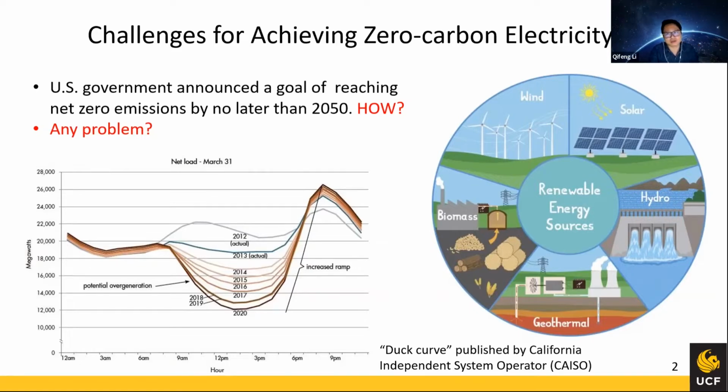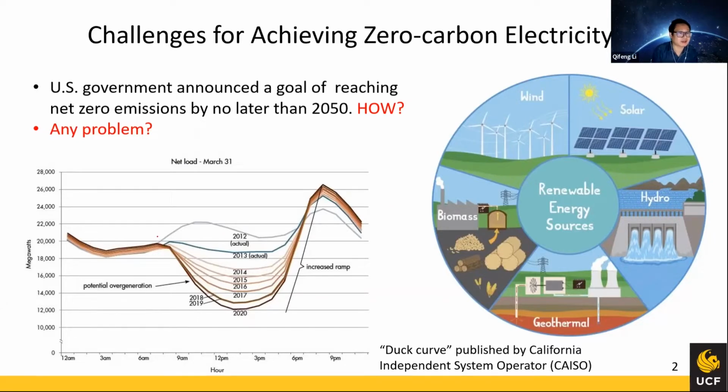But even if the price is not high at this moment, there are still quite a lot of problems in utilizing so-called green or sustainable energy. I'm going to use this famous duck curve produced by the California Independent System Operator to explain what problems come with those renewable energy resources.